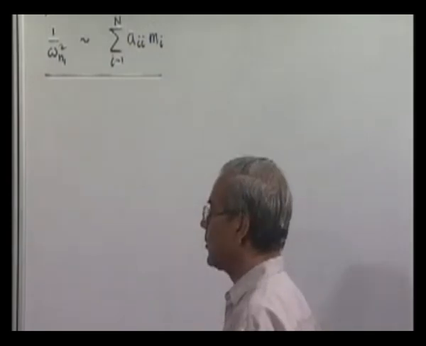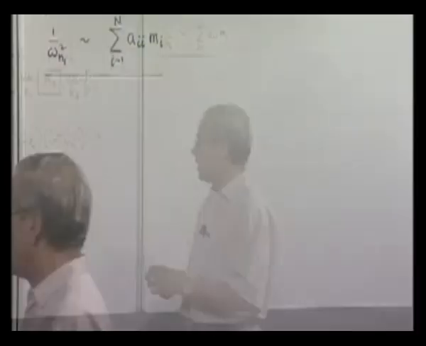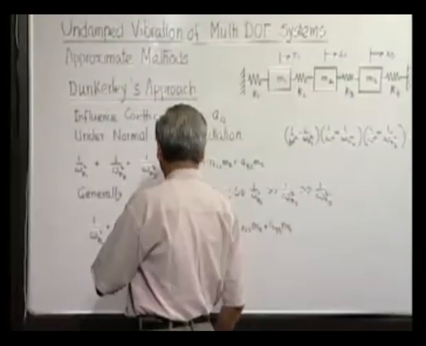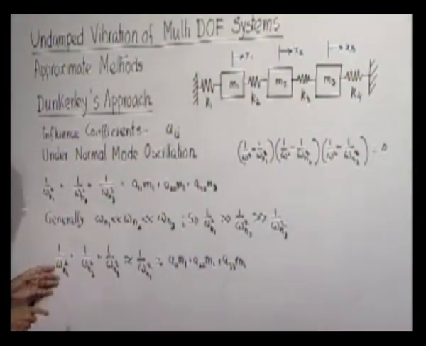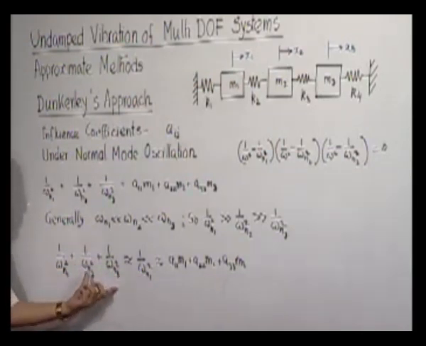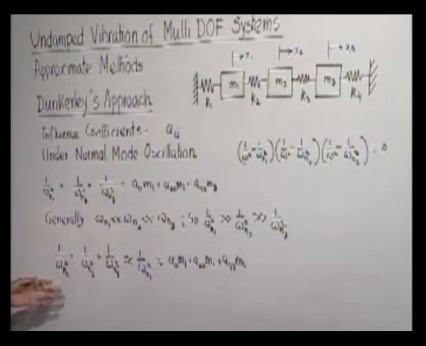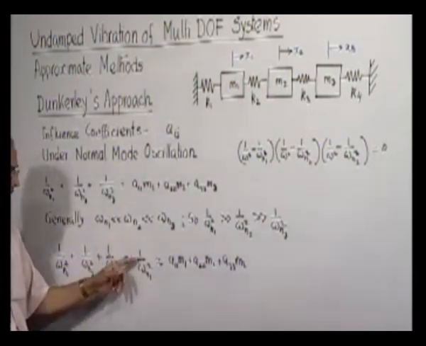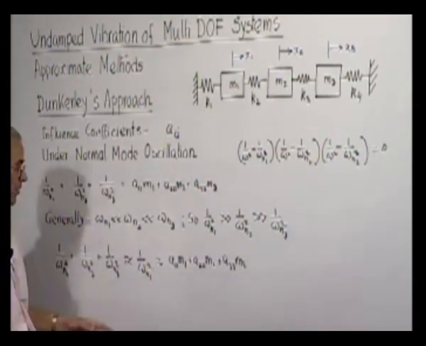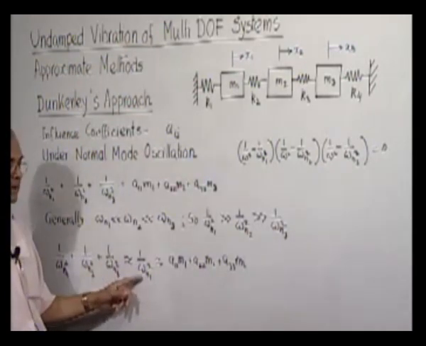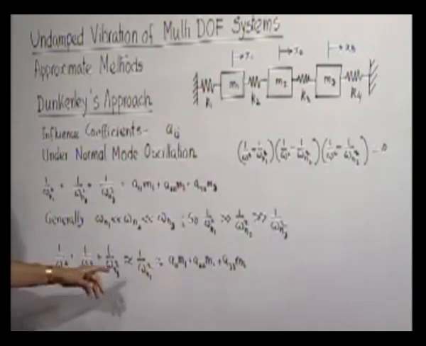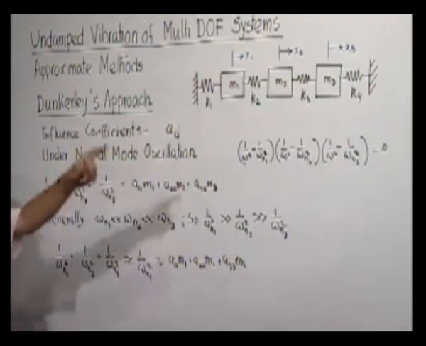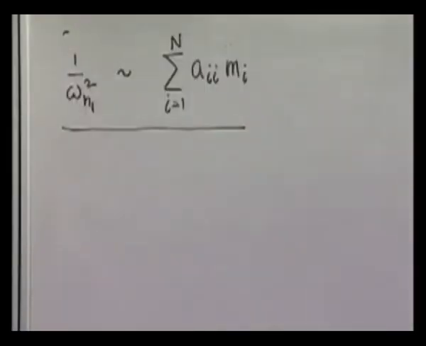Now, this value is going to be what? Upper bound or lower bound? Now, we can see here that 1 by omega n square is obviously less than this, because two terms we have ignored. We have assumed this whole thing to be 1 by omega n1 square. So, the real 1 by omega n1 square actual value will be less than this. So, when you take the inverse, the actual omega n1 square will be more than the value of omega n square that we get from here.